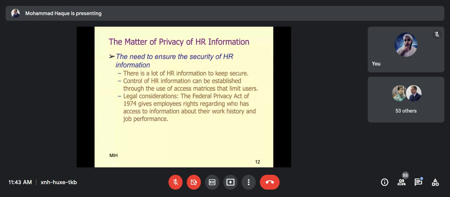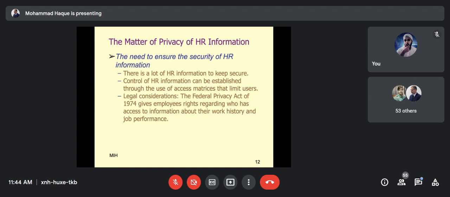Therefore, we find that this kind of multi-level data security is needed by the HR people so that we are not disclosing data to any other agencies. And therefore, there is a lot of HR information to keep secure. Control of HR information can be established through the use of access matrices that limit users. Everybody cannot access everything.